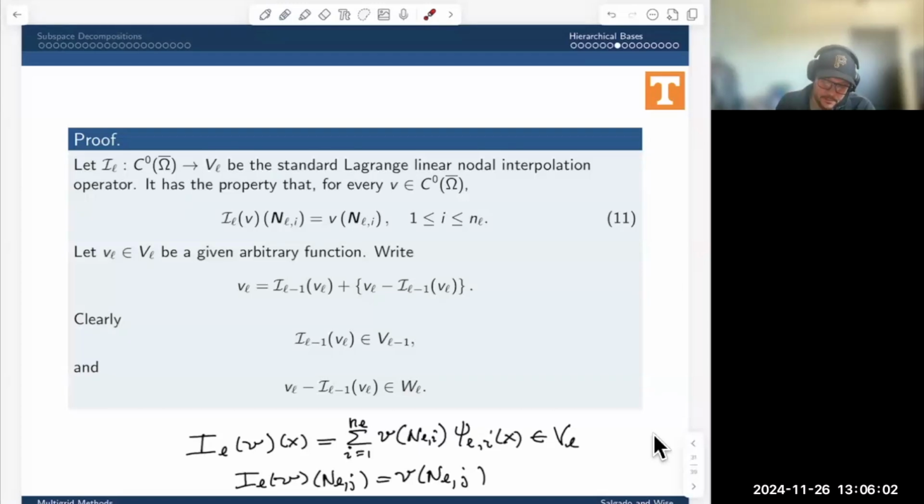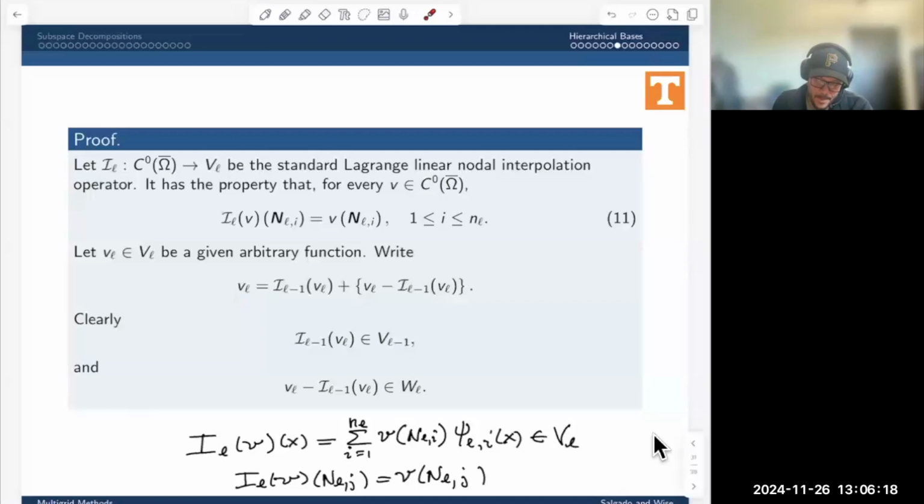Let's think about adding and subtracting IL minus 1 VL. So this is, of course, straightforwardly equal because this and this cancel and just leaves VL. And so VL equals VL.